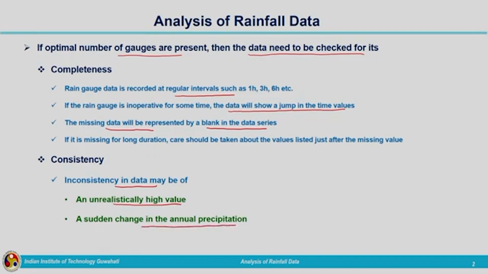We expect an annual precipitation of a certain value. Beyond that, if there is a sudden jump, increase or decrease, in certain years, which was not experienced by us or was not recorded, then we need to check the consistency of the rainfall data series.